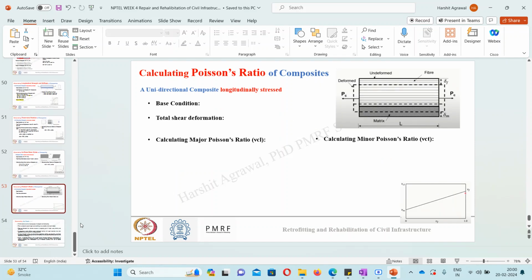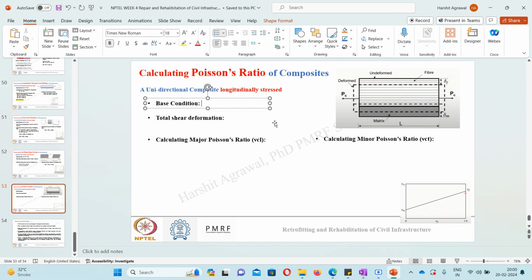Finally, we saw how we can calculate the Poisson's ratio. There are two Poisson's ratios: major Poisson's ratio and minor Poisson's ratio. Major Poisson's ratio relates longitudinal strain with transverse strain, and minor Poisson's ratio relates transverse strain and longitudinal strain. So what is my base condition here?